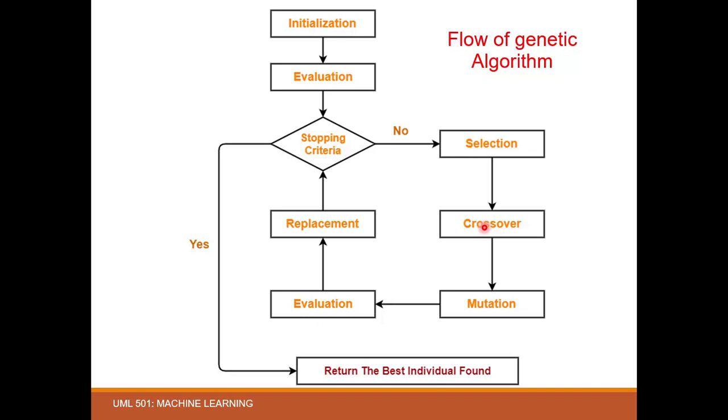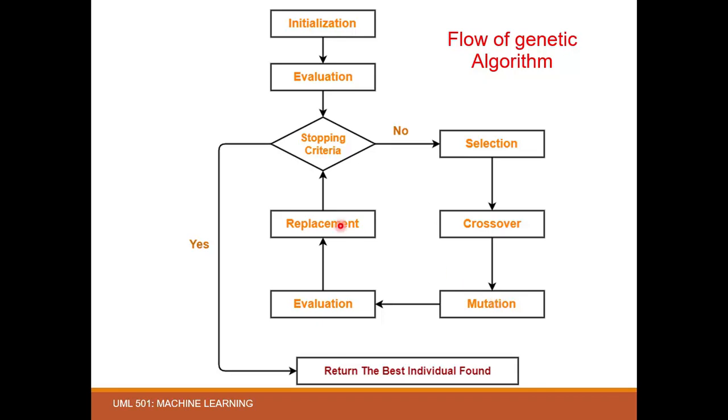After selecting, you get the reproduction and you get the new offspring. Then in the offspring you have to do the mutation. After doing the mutation, you pass the newly obtained chromosomes, the children, to the evaluation phase, and the fitness values are calculated again.